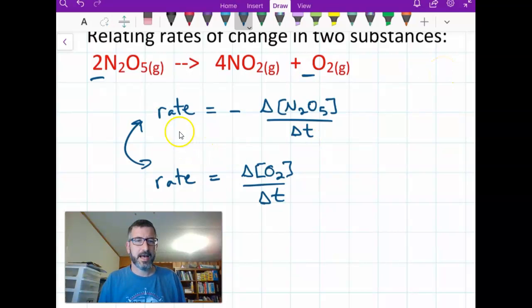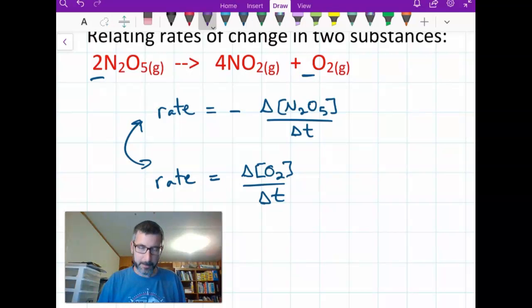So if I wanted to actually relate the rate of disappearance of N2O5 to the rate of appearance or production of O2, I would have to factor in that coefficient. And the way I would do that is actually pretty simple.